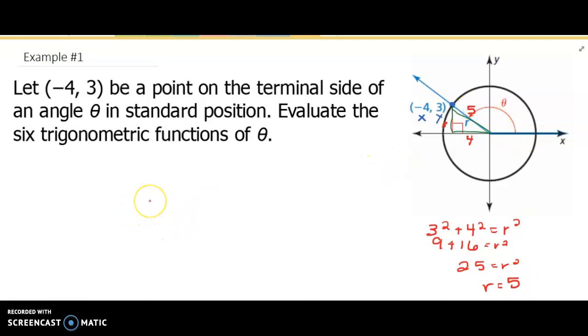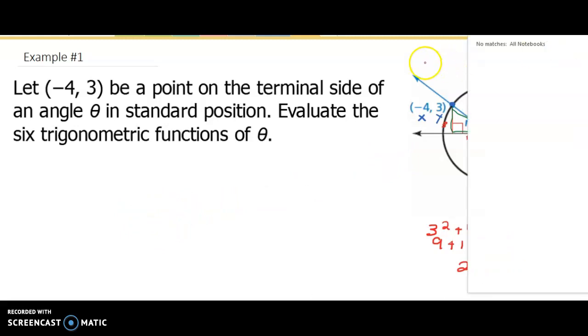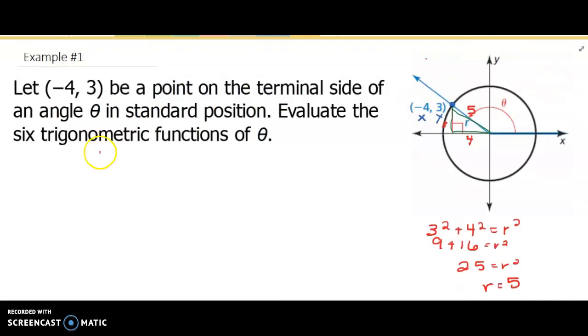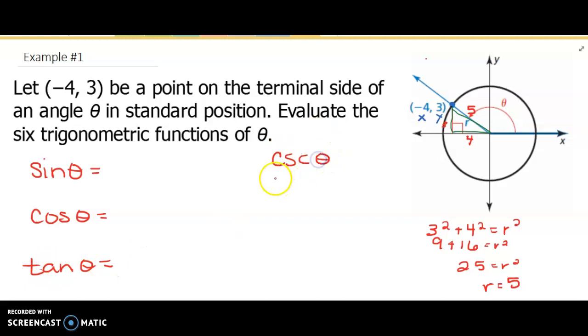Now just from my figure right here, I'm going to use these formulas here. So I'm going to do my 6 trigonometric functions. So I can say sine of theta, cosine of theta, tangent of theta. And this is cosecant of theta, secant of theta, and cotangent of theta.